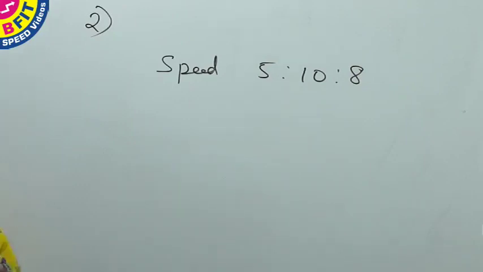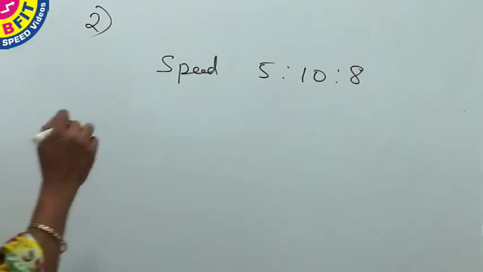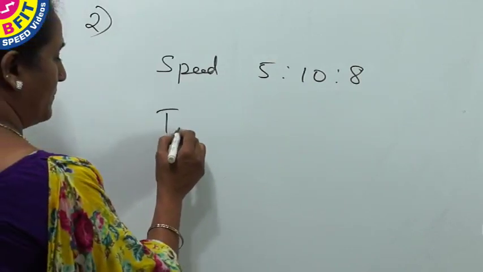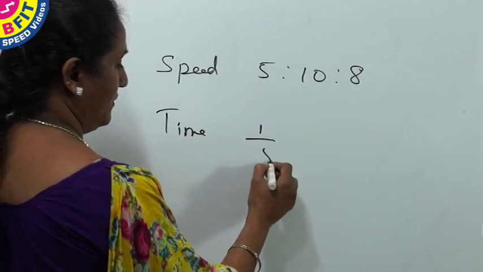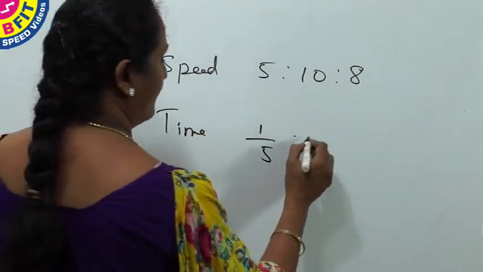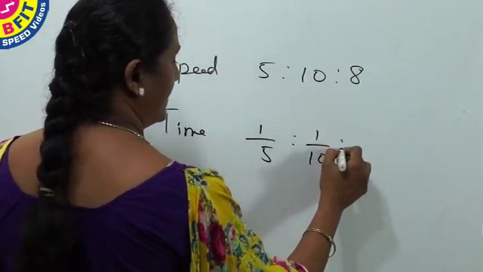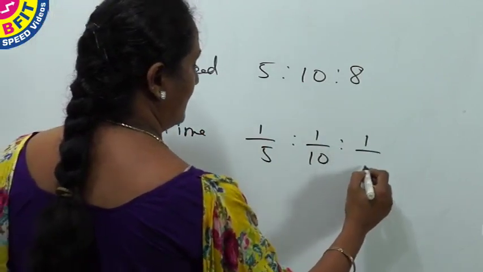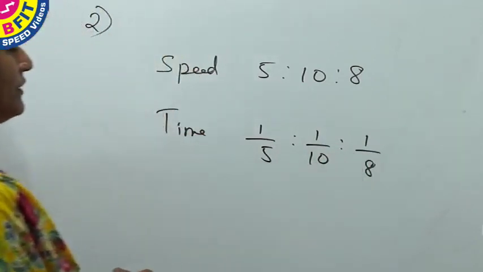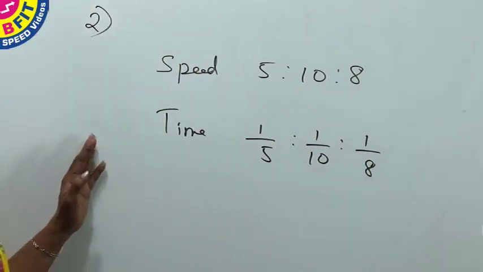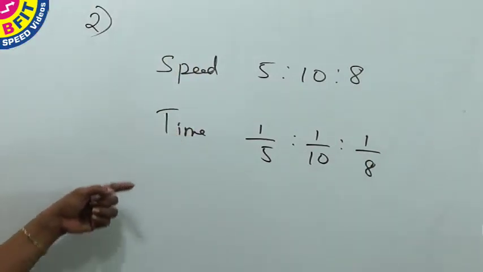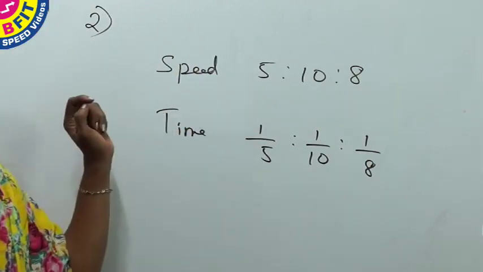As speed and time taken vary inversely, the time taken ratio will be the inverse of speed, that is 1/5 is to 1/10 is to 1/8.